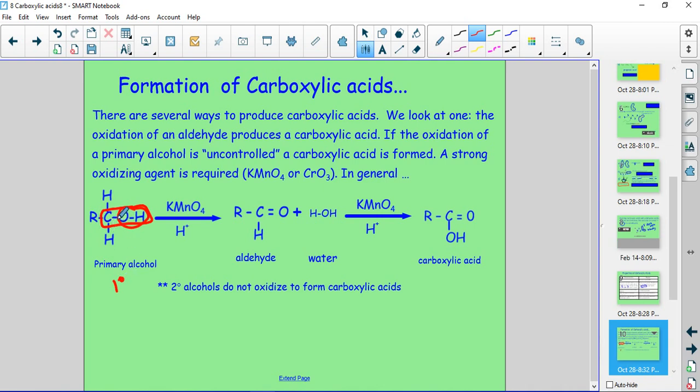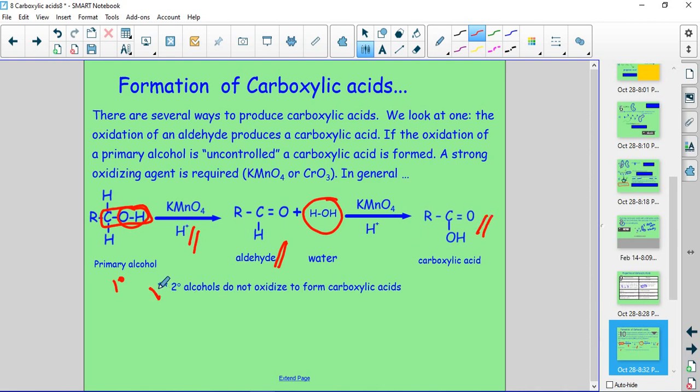If that is oxidized with KMnO4, a strong oxidizing agent, and a strong acid, a two-step reaction will take place. First, it will oxidize to an aldehyde, right? Byproduct being water. This reaction will continue, and because it's a terminal carbon, or primary alcohol, it'll give you a carboxylic acid.